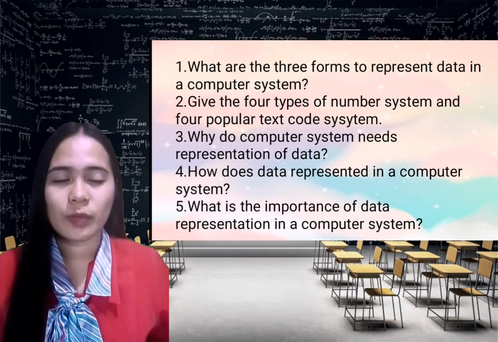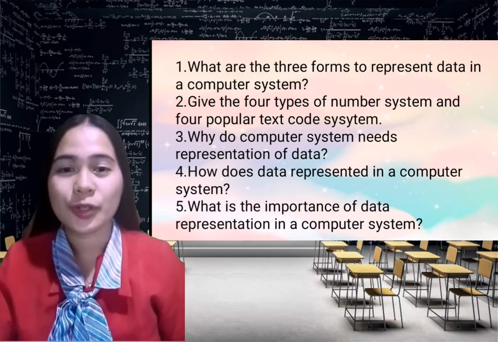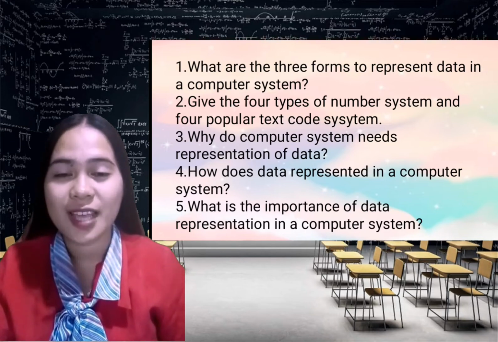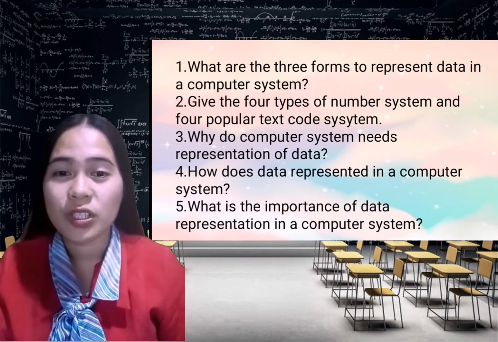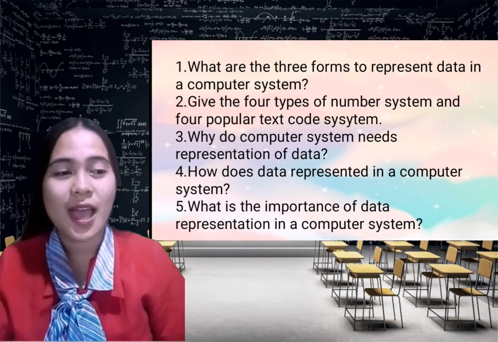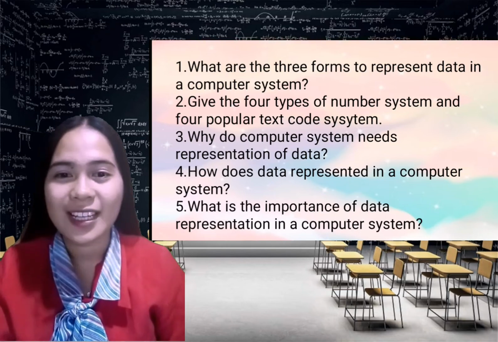Number 3 question. Why does a computer system need representation of data? Who can answer? So a computer system needs representation of data because it does not understand human language. It only understands machine language, which consists of numbers. So the 4th question is, how is data represented in a computer system? Who can answer?